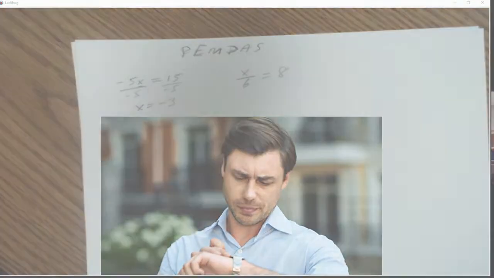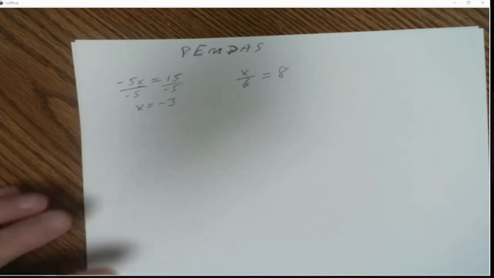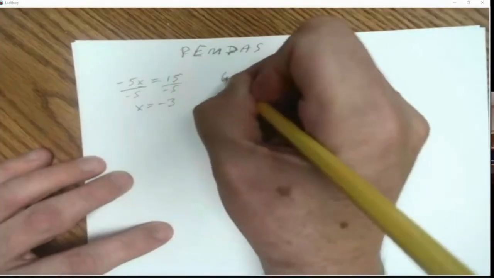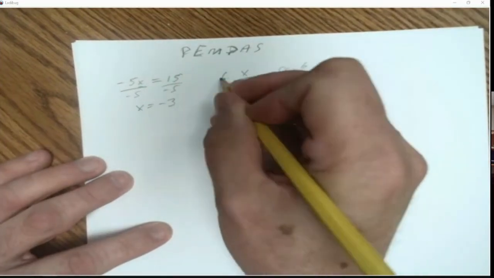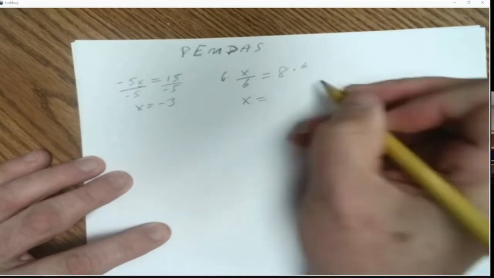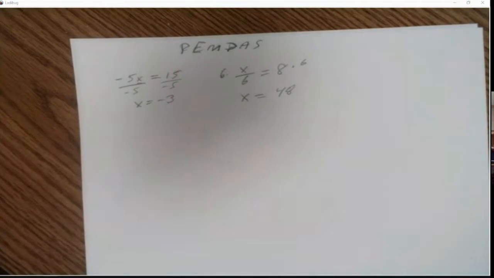What are we doing with this? Times both sides by 6. Very good. Thank you. So we take x divided by 6 and multiply by 6, which just leaves us an x. And of course, x equals 48. So that's a one-step equation.